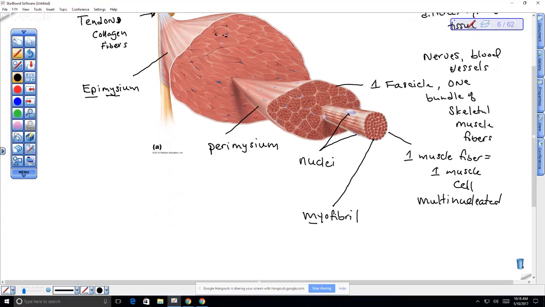So the myofibril is an organelle inside the cell. So remember that organelles are bound by a plasma membrane. And inside this organelle, we have myofilaments. So it contains myofilaments.